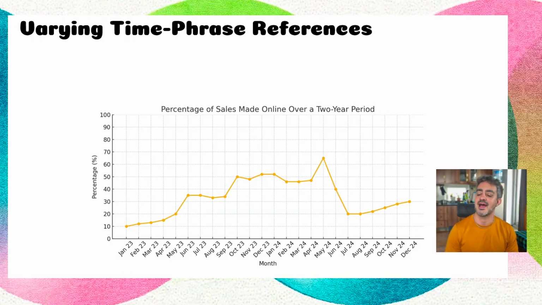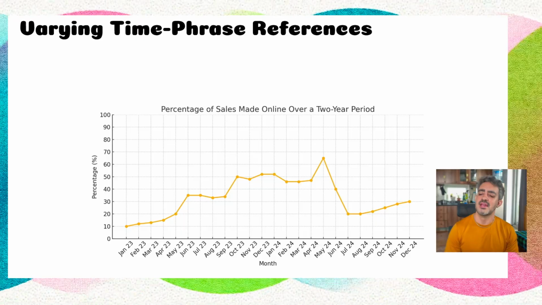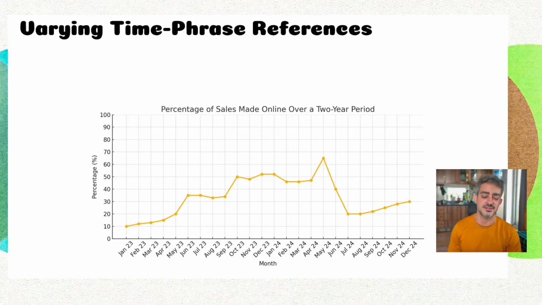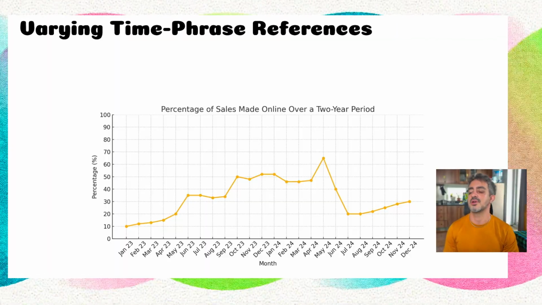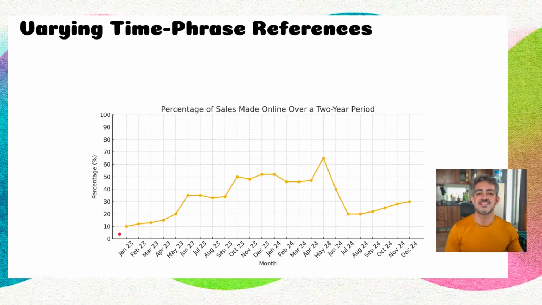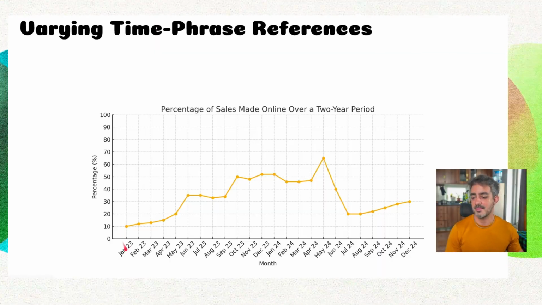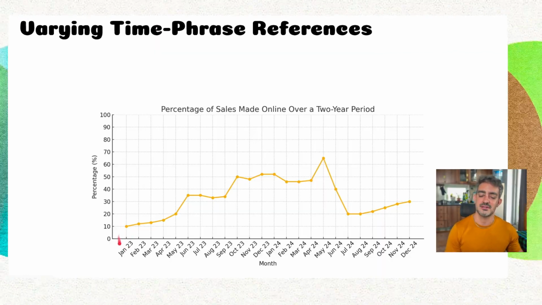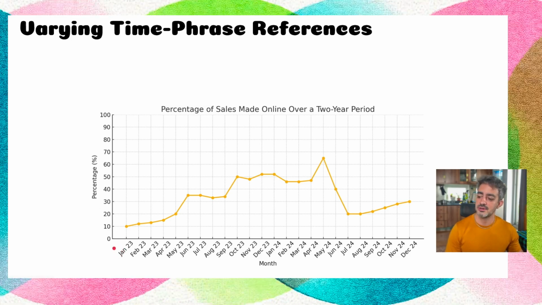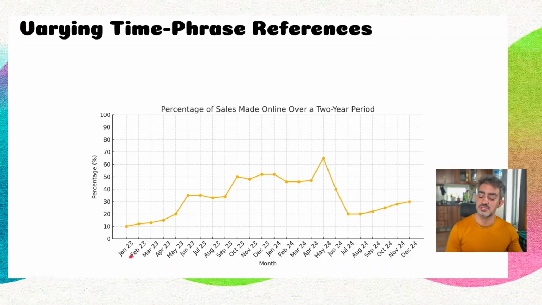That company has a website, and they sometimes sell things online. They also sell things offline. So what you're seeing here is a chart that shows what percentage of sales that month were made online through the website.